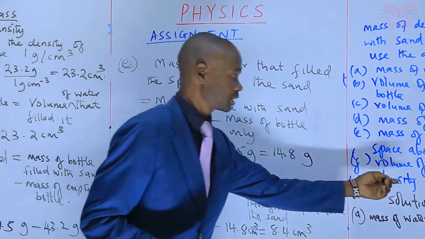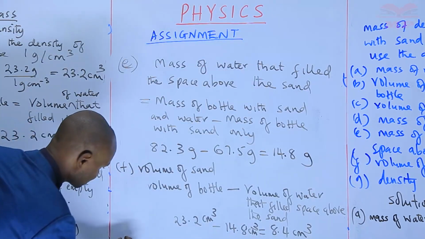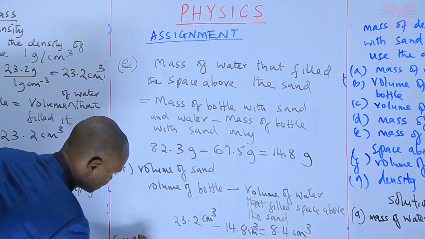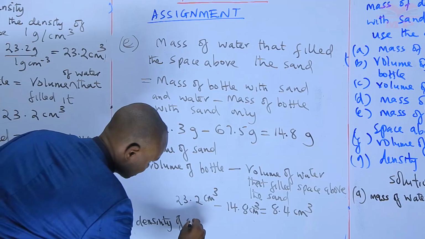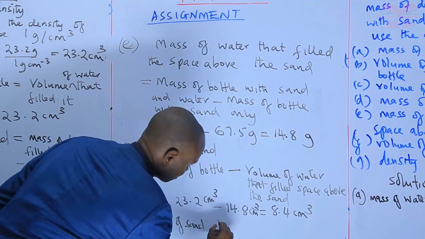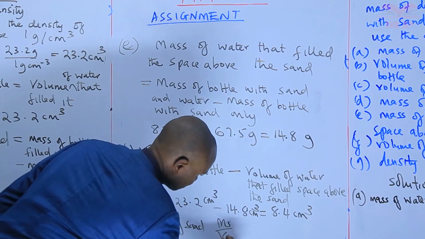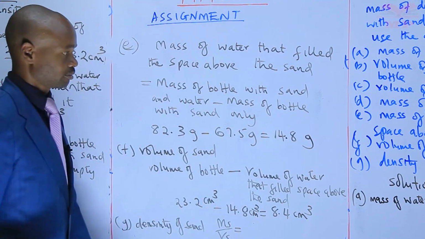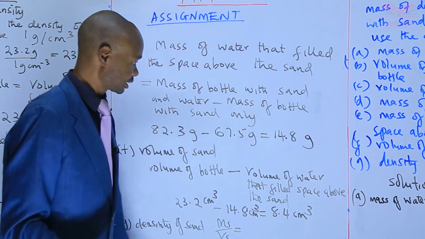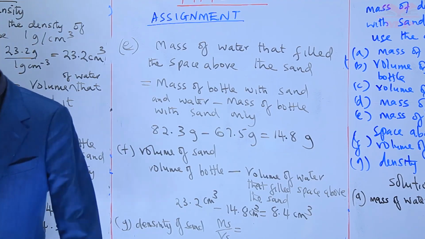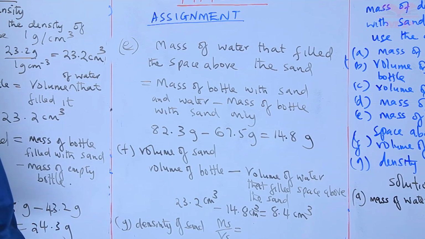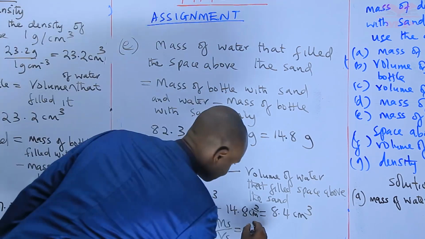That's why they ask for the density of sand in the last question. The density of sand will be equal to the mass of the sand over the volume of sand. The mass of the sand, we calculated, was 24.3.